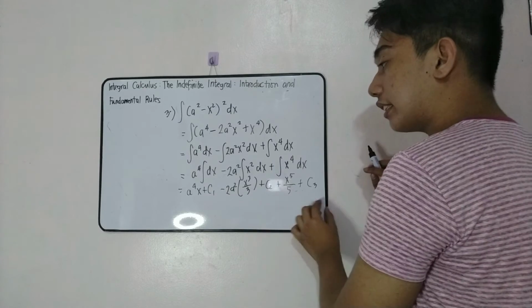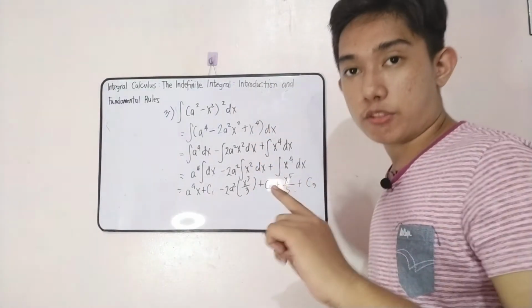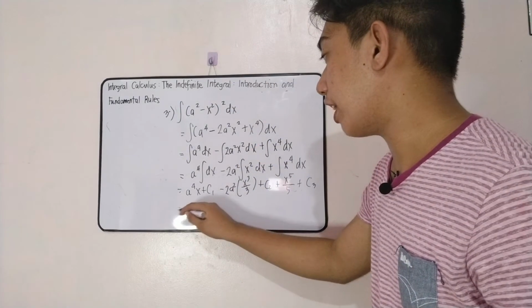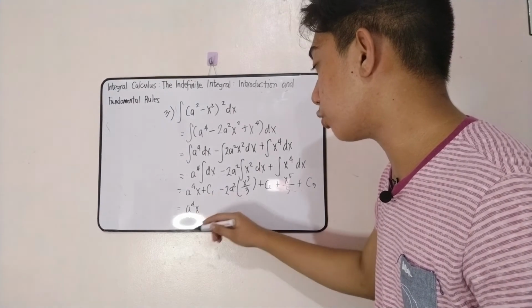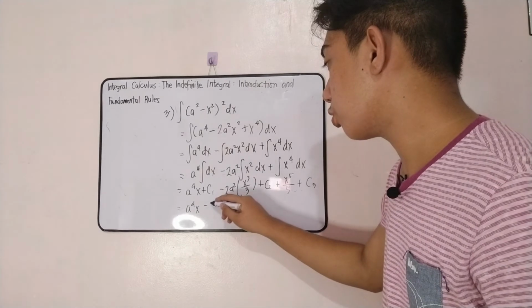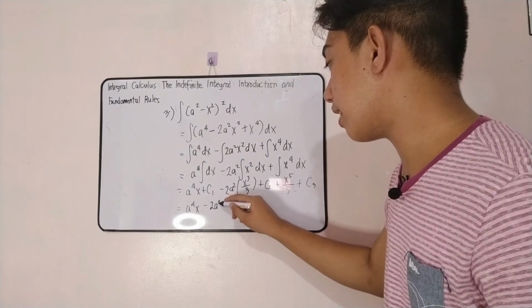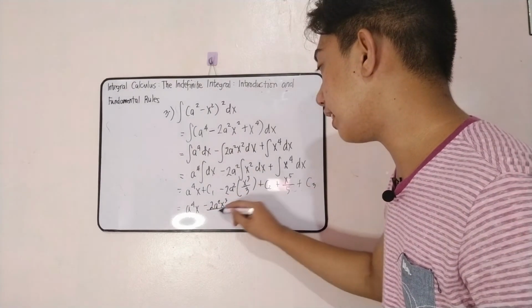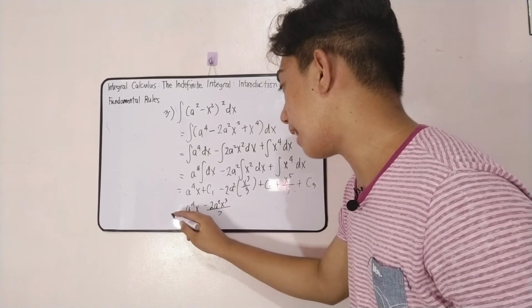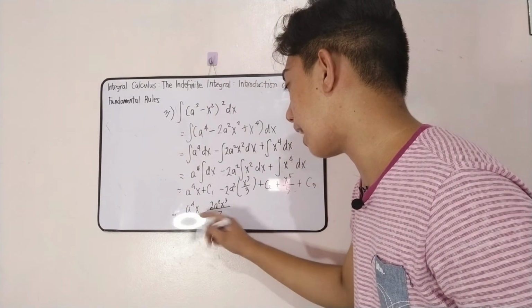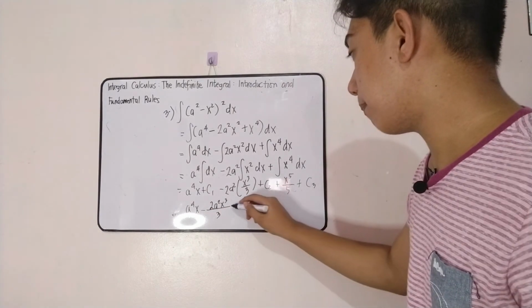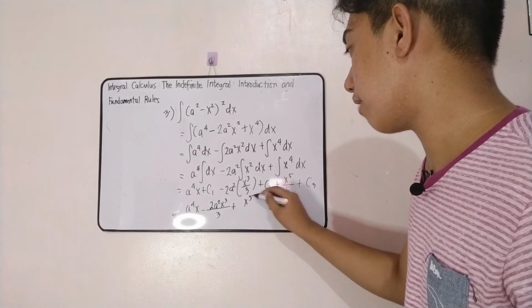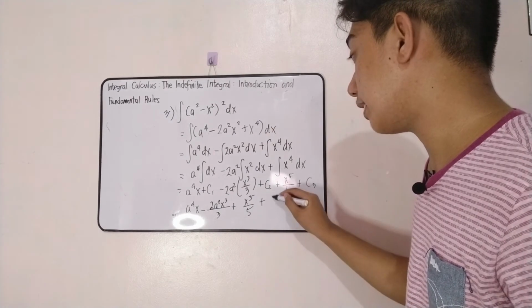And all c's can be added to make 1 c na lang. For the other terms, kailangan natin siya i-arrange. So this becomes a raised to 4x minus 2a squared x cubed over 3 plus x raised to 5 over 5 plus c.